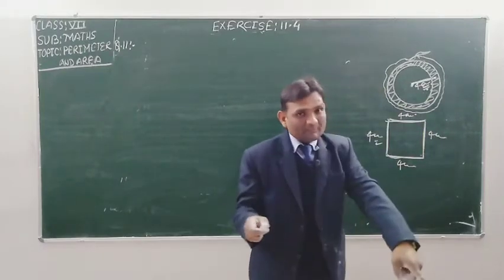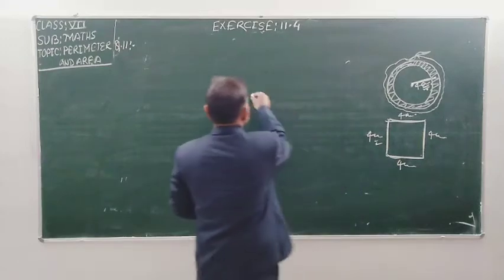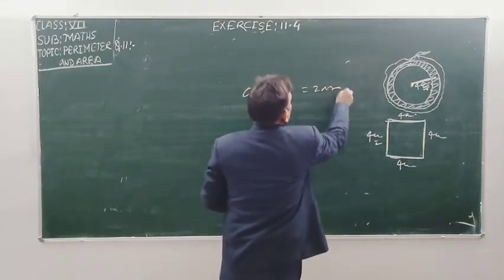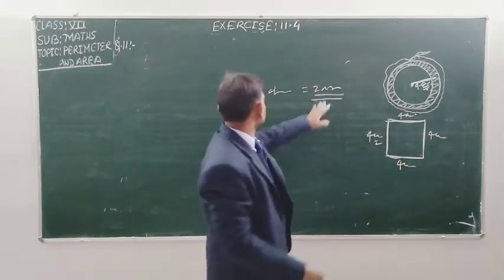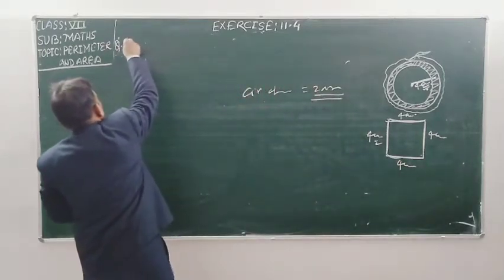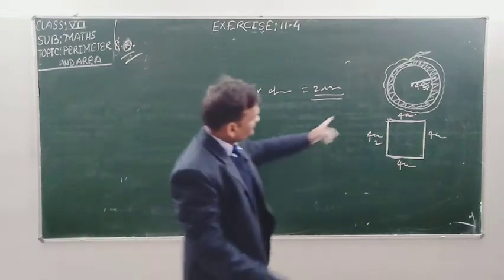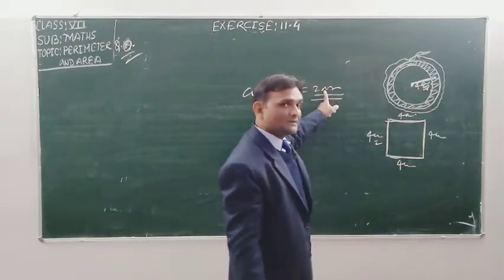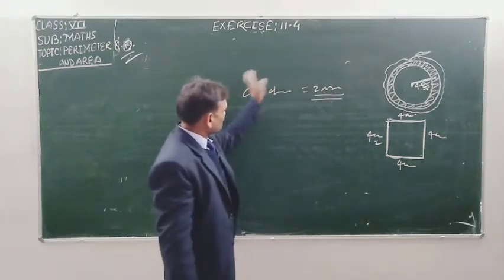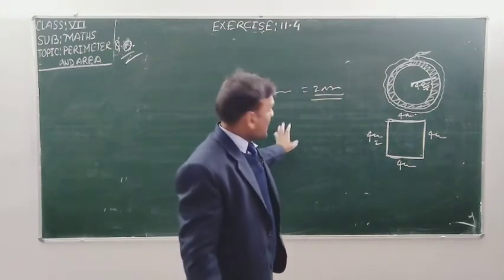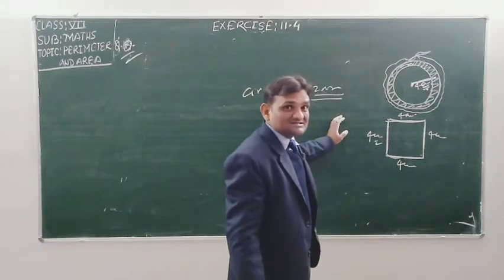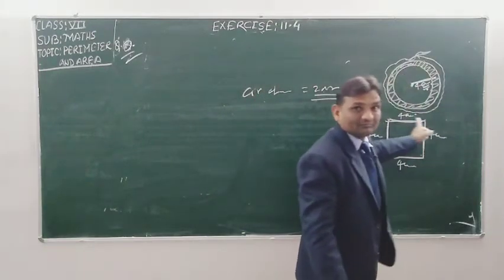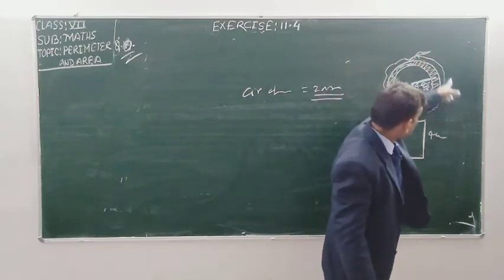The value of pi is given. Circumference of the circular pipe is equal to 2 pi r, where r is 4 centimeter and pi is 3.14. So you will be able to find the circumference of the circular pipe, and the circumference will be equal to the length of the card used, because we are using the card around the circular pipe.